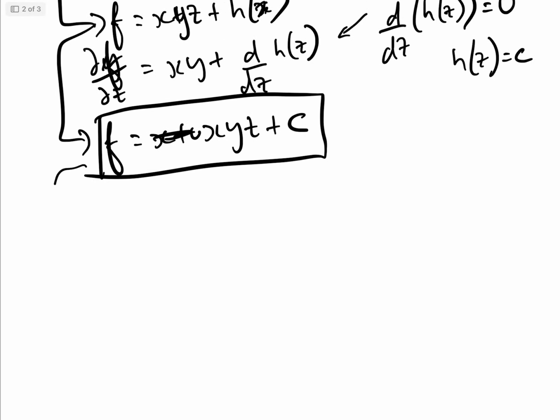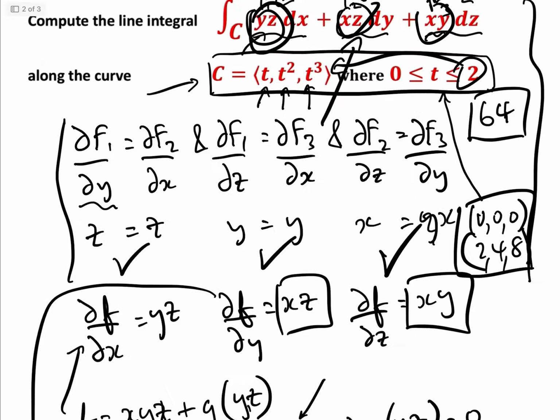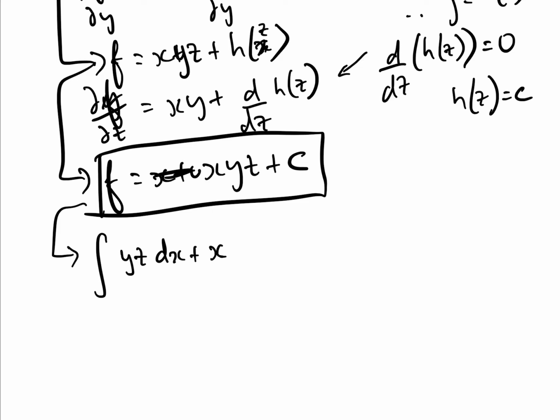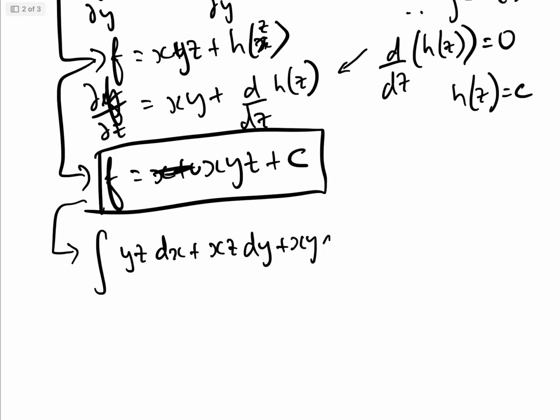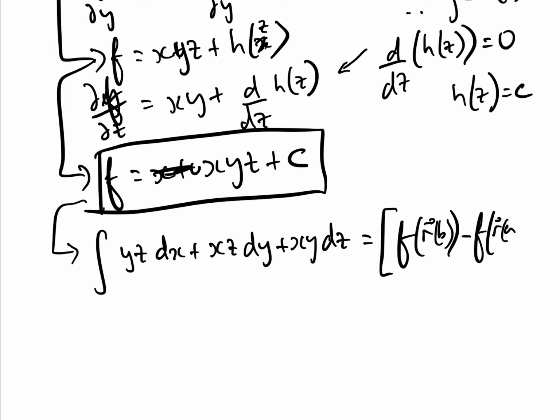Okay, so by the fundamental theorem of calculus here now, we know that the integral of yz dx add xz dy add xy dz, we know that that equals, by the fundamental theorem of calculus for line integrals, f of r of b minus f of r of a.